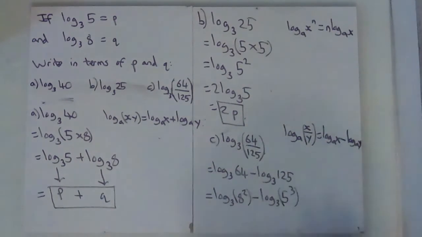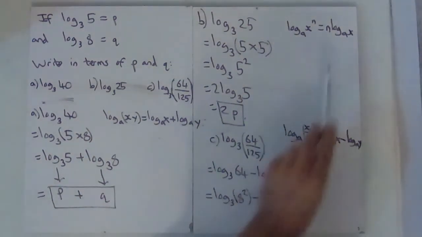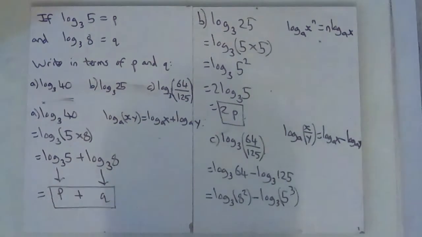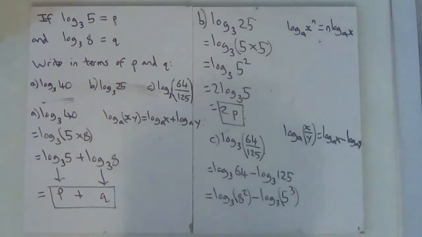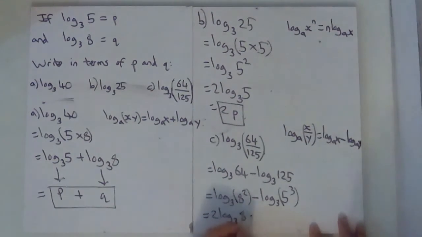So now if we go back to our third law of logs, that means we can move the powers to the front. So that would say equals 2 log base 3 of 8 minus 3 log base 3 of 5.